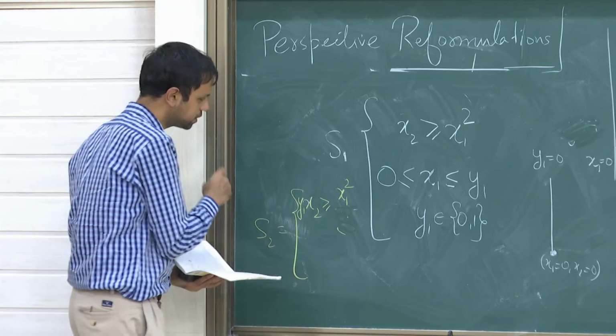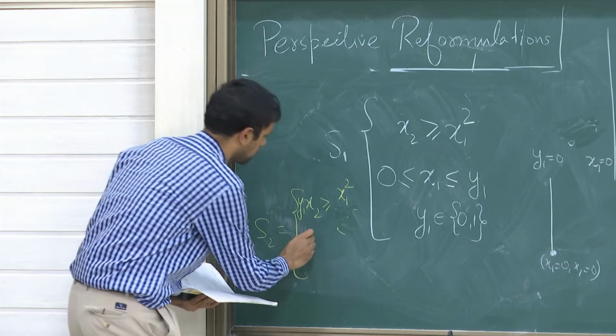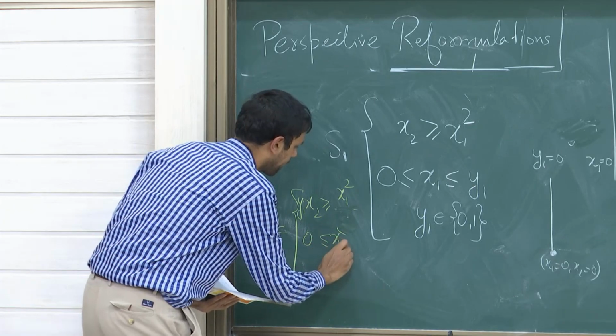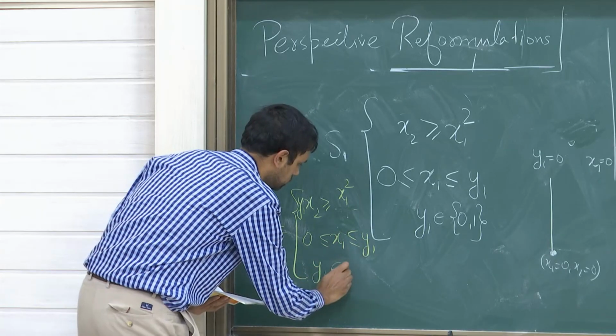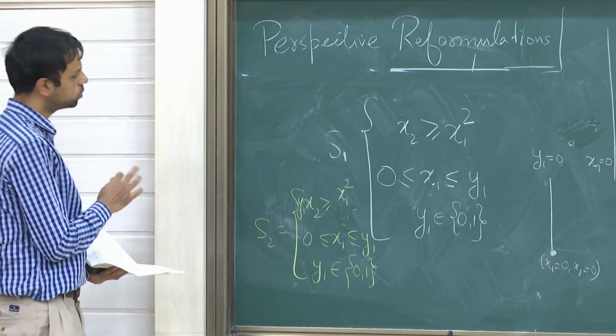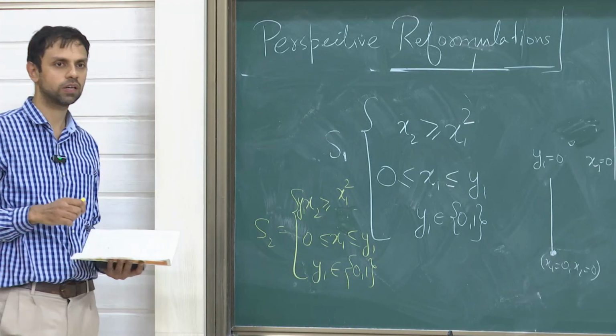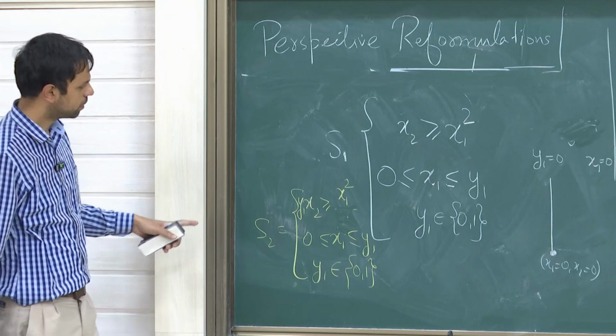If I look at this set, these two sets are the same. That is the first claim. Why are they the same?